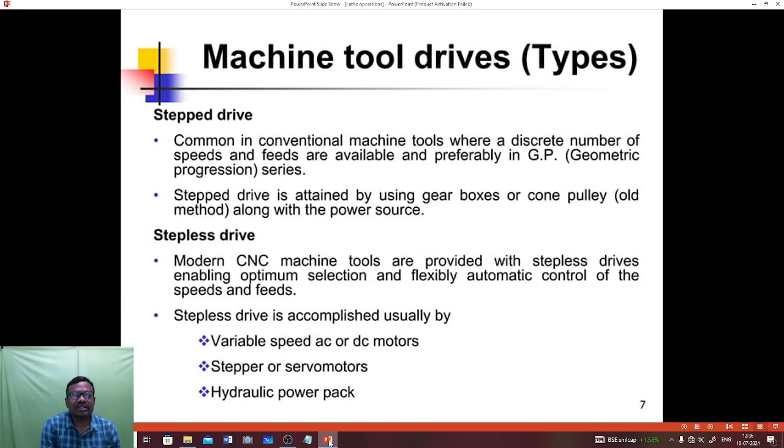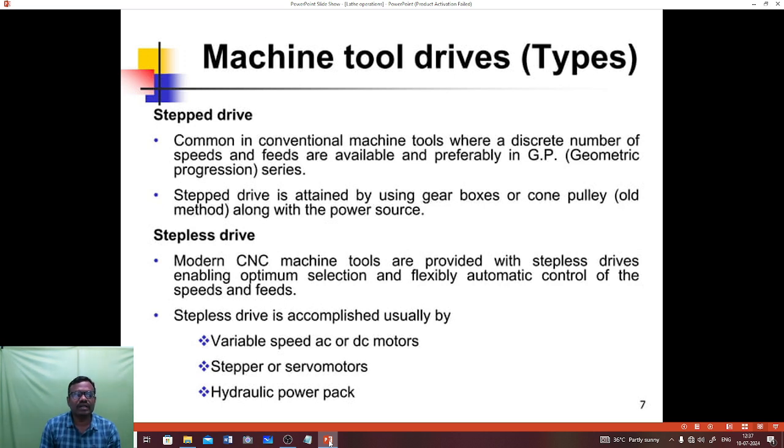So here we will discuss the types of machine tool drives. Stepped drive is common in conventional machine tools where a discrete number of speeds and feeds are available, preferably in geometric progression series. Stepped drive is attained by using gearboxes or cone pulley, which is an old method, along with a power source.